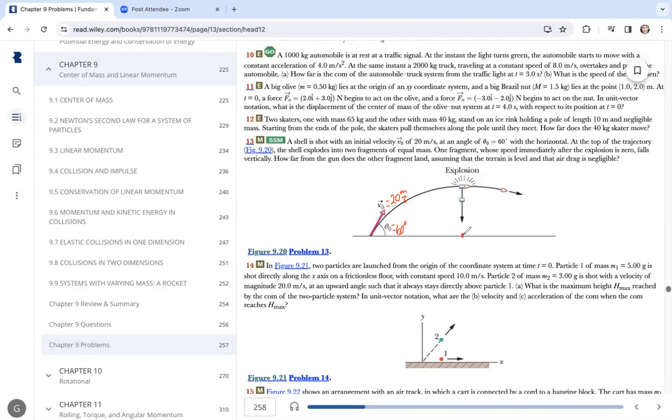It's going to land right here. And so then it asks us, well, where does this other piece land? It's going to land somewhere, way down here, right? And it asks us, how far does this other fragment land?